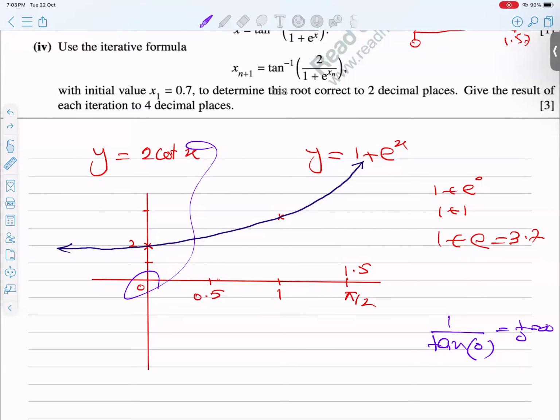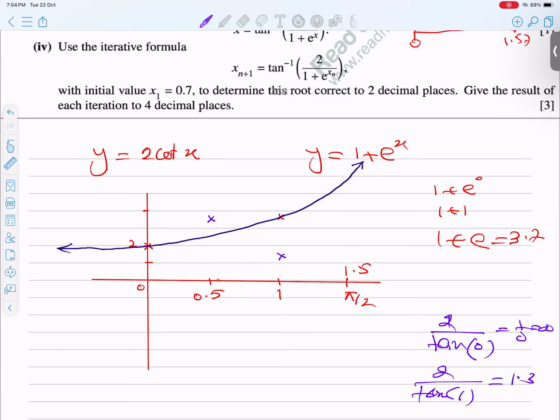So 3.6 is somewhere here, between 3 and 4. When I plug in 1 here, I get 1.3. So 1.3 is somewhere in the middle here.